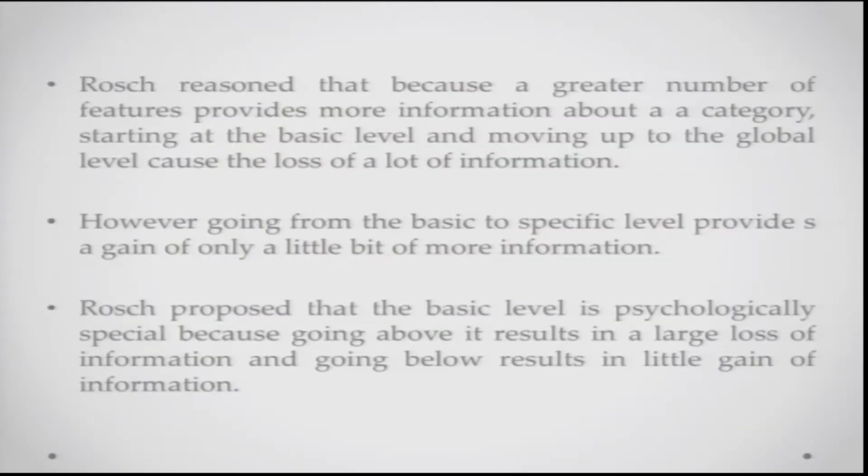Because a greater number of features provides more information about a particular category, and it starts almost at the basic level, when you move one level up to global, you lose a lot of information, and when you move one level down to specific, you again do not get so much information. So, that is why Rosch says that the basic level is the level of categorization that is probably more psychologically special, because it probably gives you a better picture of the entire category at once.